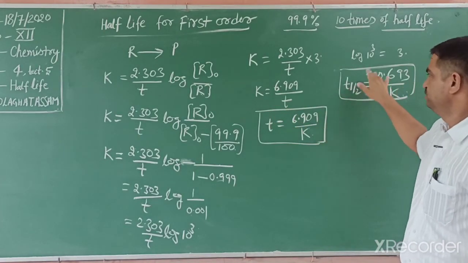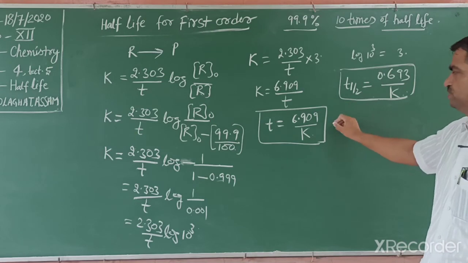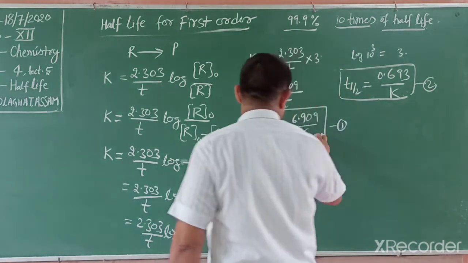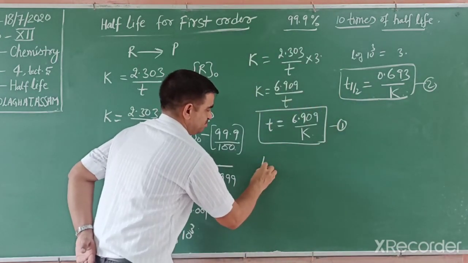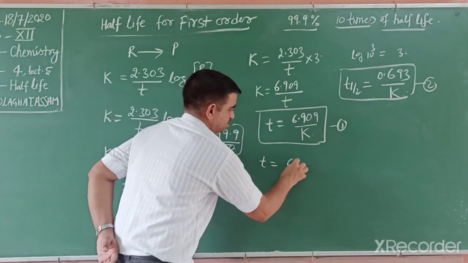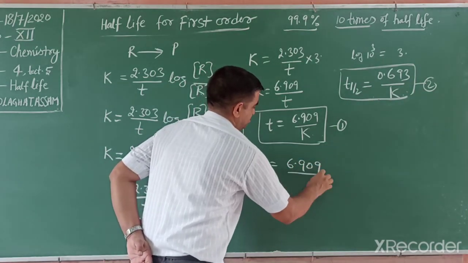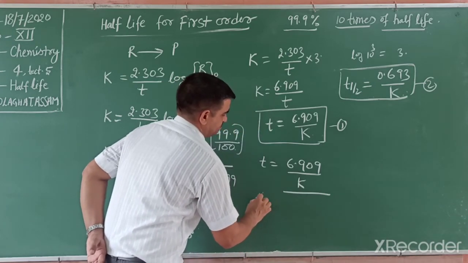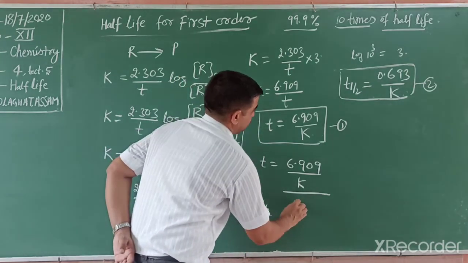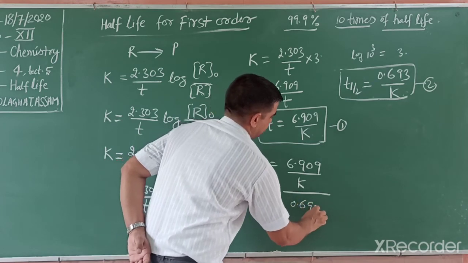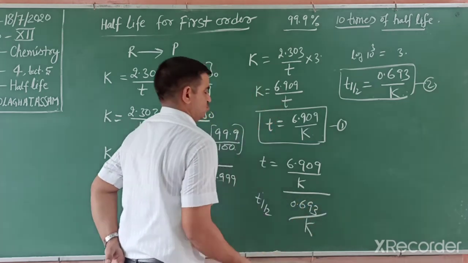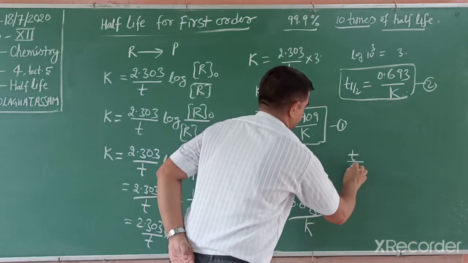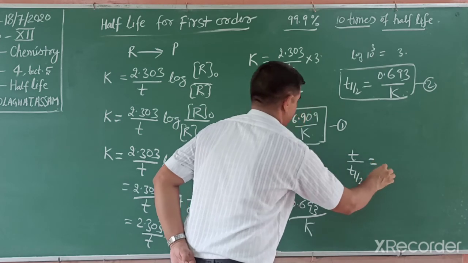If you divide the first equation by the second, then time T is equal to 6.909 divided by K, further divided by T half, that is 0.693 by K.